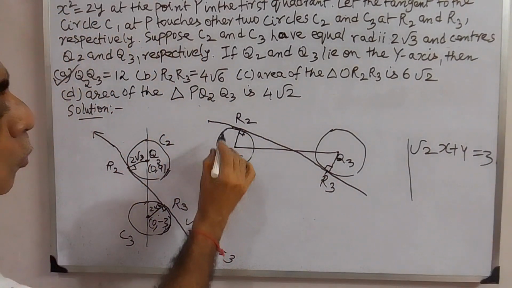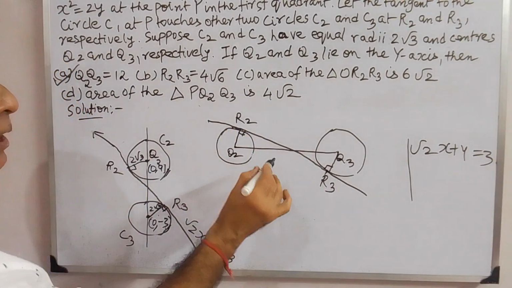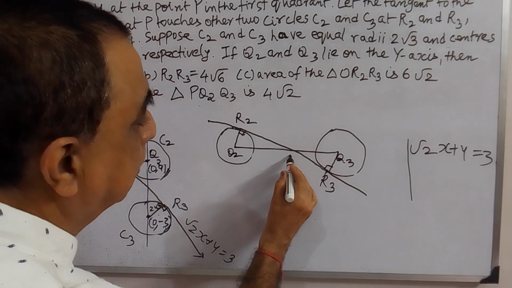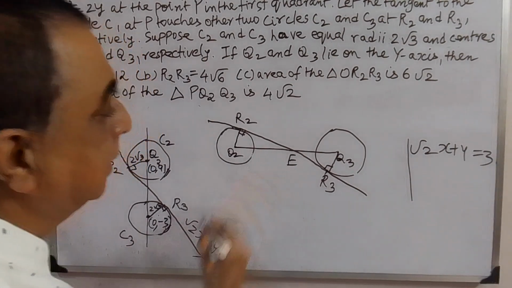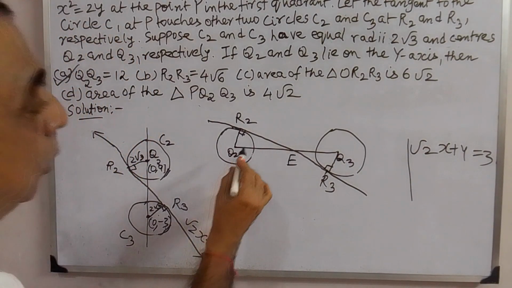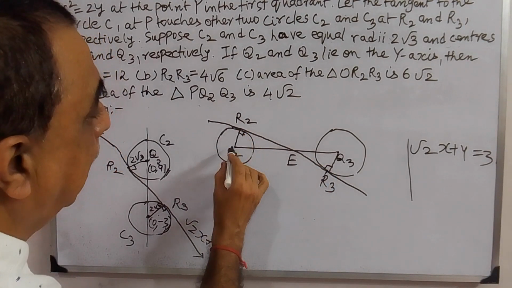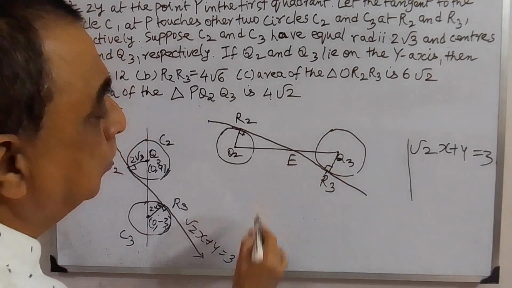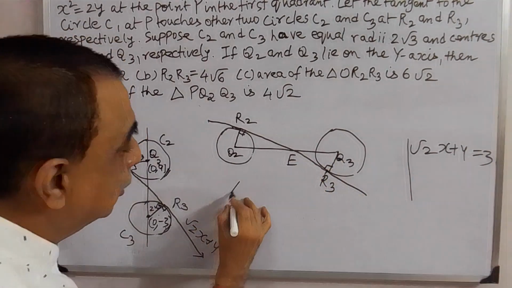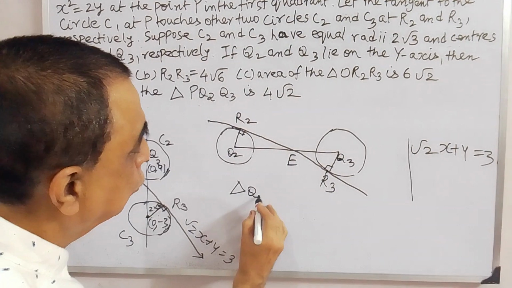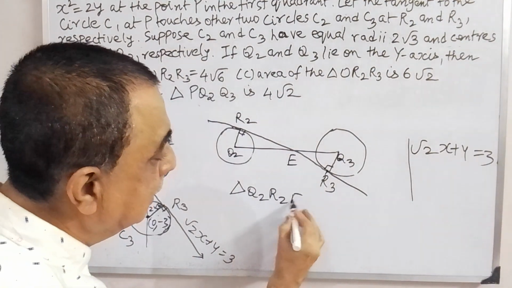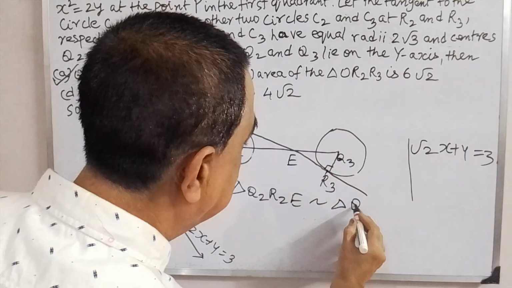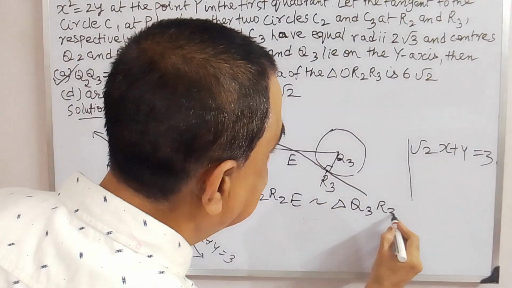Now suppose this tangent is meeting the line joining the centers at a point, suppose the point E. Now these two triangles, the triangle R2 Q2 E and the triangle R3 Q3 E, will be similar triangles.